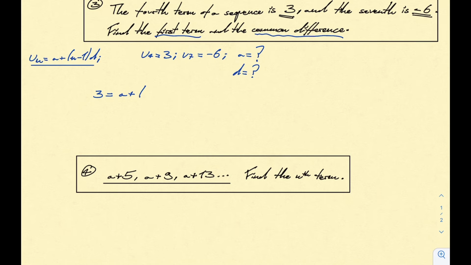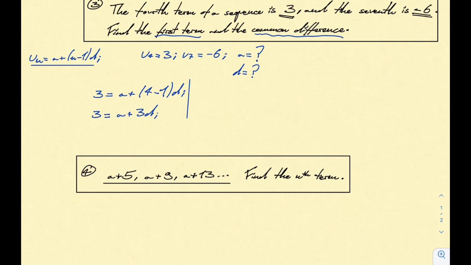Now, n minus 1 will be equal to 4 minus 1, because n is the position of our term, and since it's the fourth term, the position is the fourth. So it's 4 minus 1, times the common difference, which we don't know. Now, if we simplify this, we'll get that 3 equals a plus 3d. Okay, so this is our first equation.